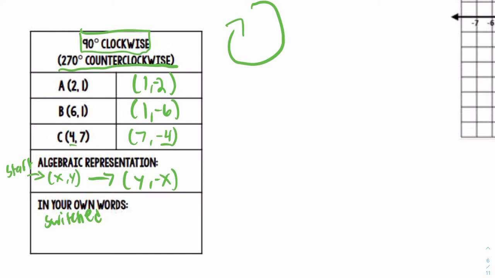So whenever you do 90 degrees clockwise, we switched X and Y and changed the sign of X. Or, to make this more specific, we changed the sign of the new Y.